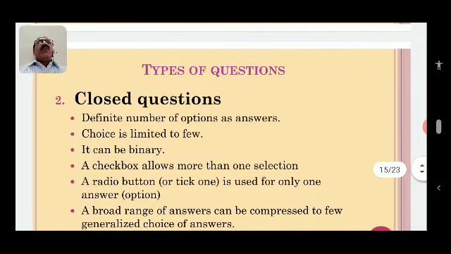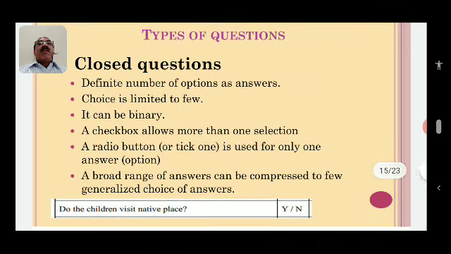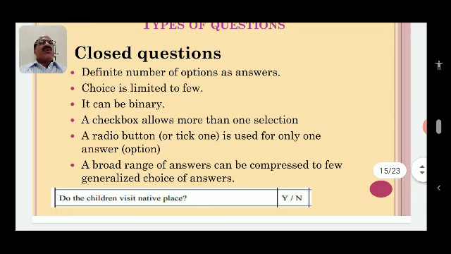Then we have closed options. There is a definite number of options as answers. Choices are limited to a few. It can be binary, like yes or no. A checkbox allows more than one selection. Checkbox means like this: yes or no, that's binary.